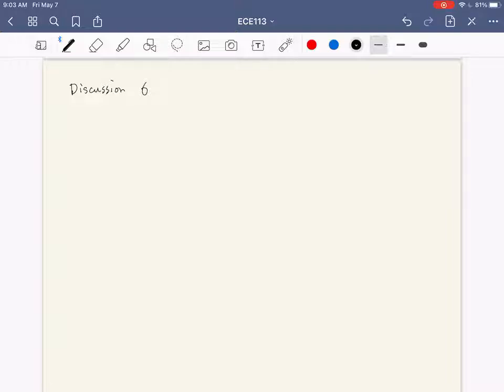Okay. So first, we need to know how to calculate the Z transform. And we know that the expression is X(z) equals the sum from n equals negative infinity to positive infinity of x(n) times z to the power of negative n, right?